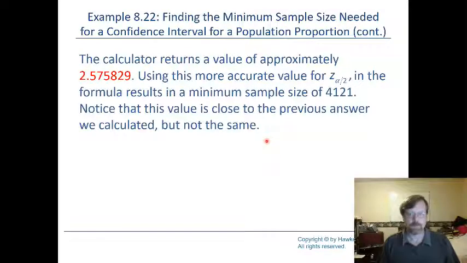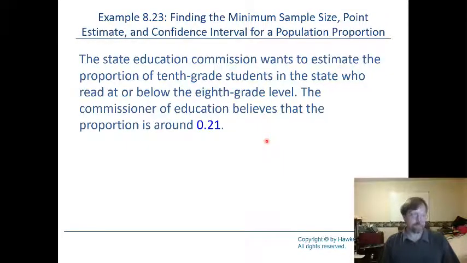All right, another example. If our state education commission wants to estimate the proportion of 10th grade students in the state who read at or below the 8th grade level, their initial guess is that it's around 21%. They're probably basing this on test scores and maybe some trends they've seen, but they've got a guess that it's 21%.